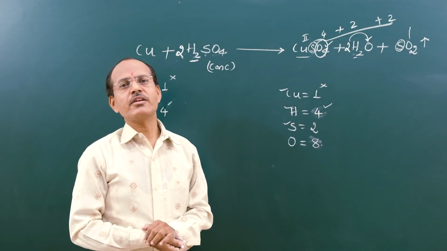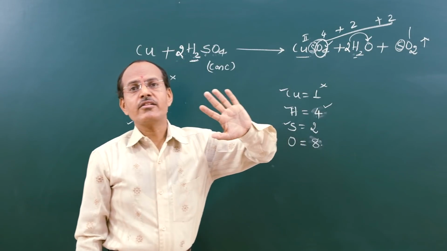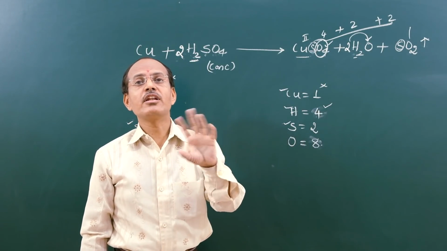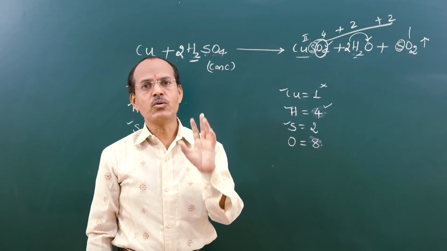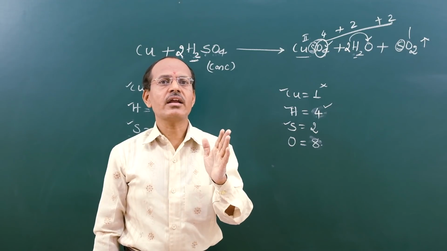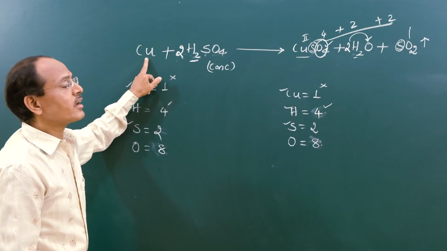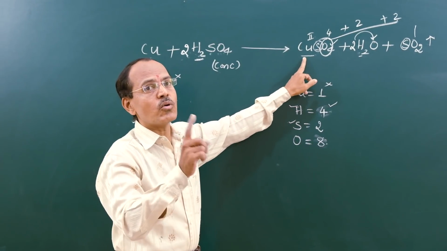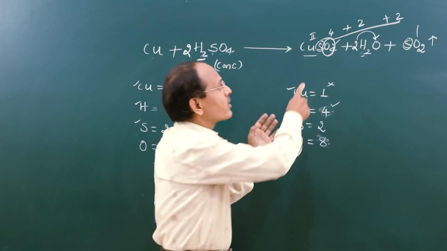Try to remember this point also: don't try to balance the odd and even numbers of atoms, because they never give you a good result. Always target the atoms or elements which are present on only one side.